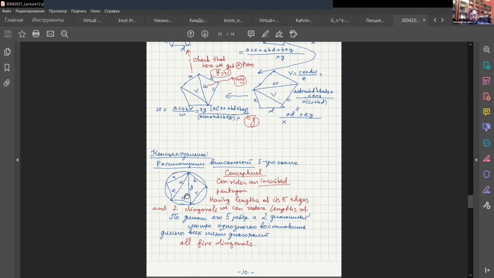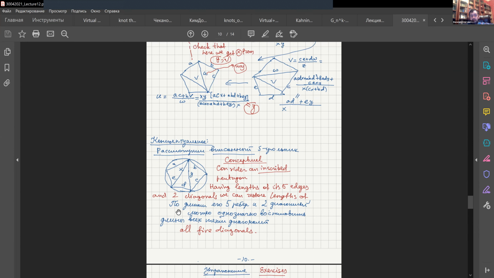So you see, if we look at this situation and we fix the length of edges A, B, C, D, E, and we fix two diagonals, then all remaining diagonals can be calculated from A, B, C, D, E, X, Y, and those expressions we get will be ones forever, and they will not depend on the order we are transforming X, Y to something.